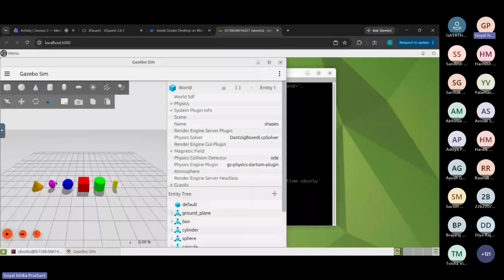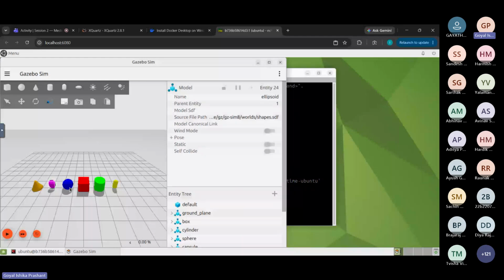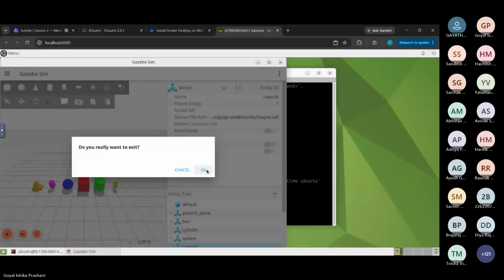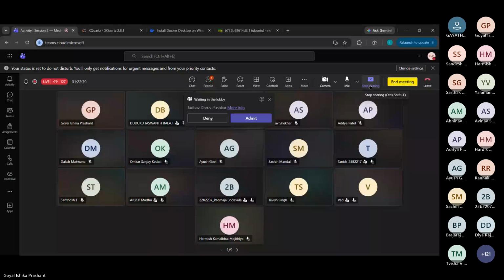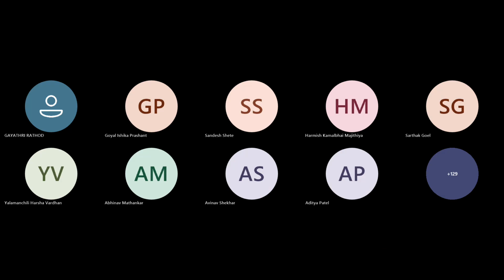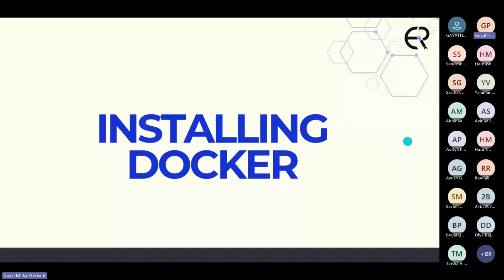As you can see, we have different shapes here, and we can then use it to work with Gazebo, and we can open multiple other kinds of simulations. That was about installing Docker and running its containers.